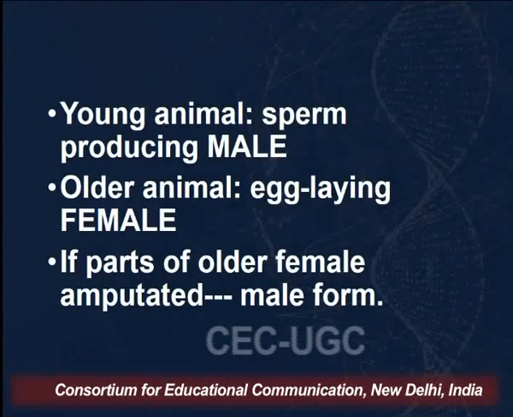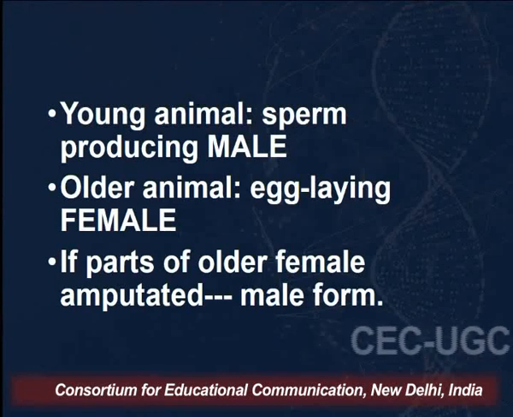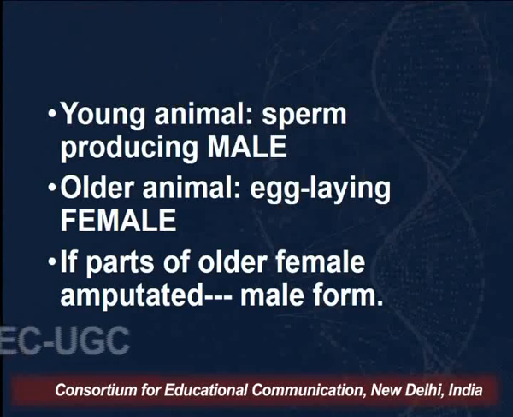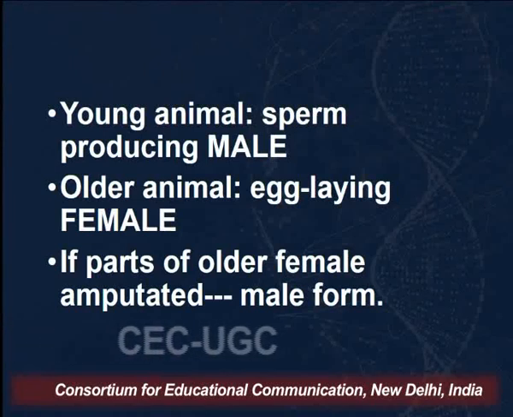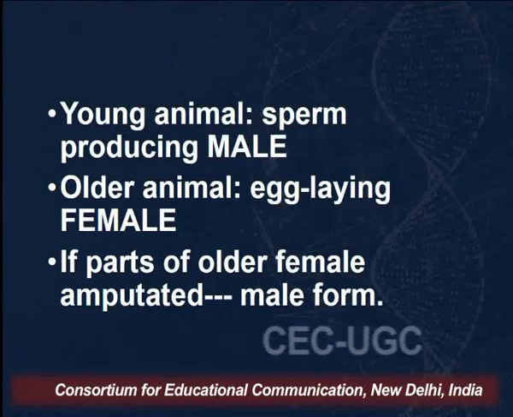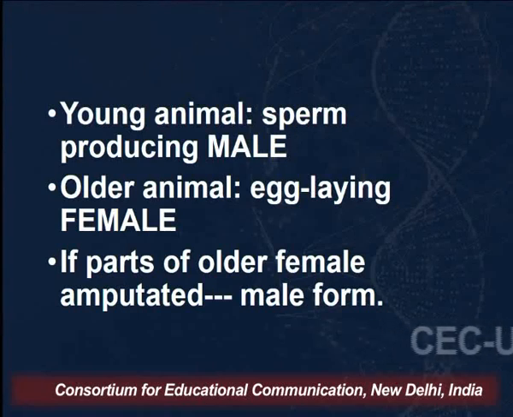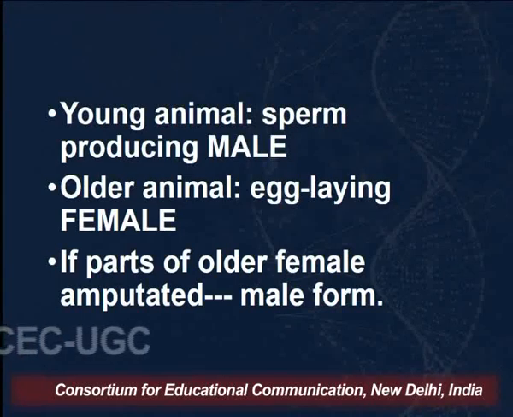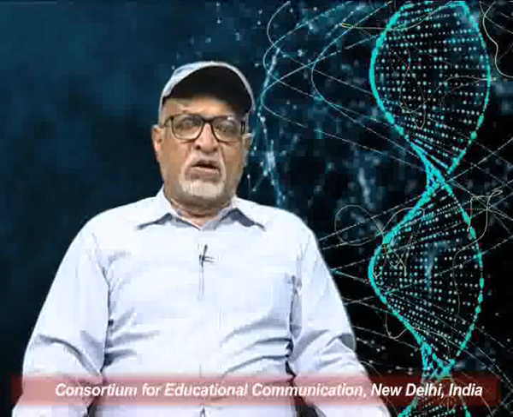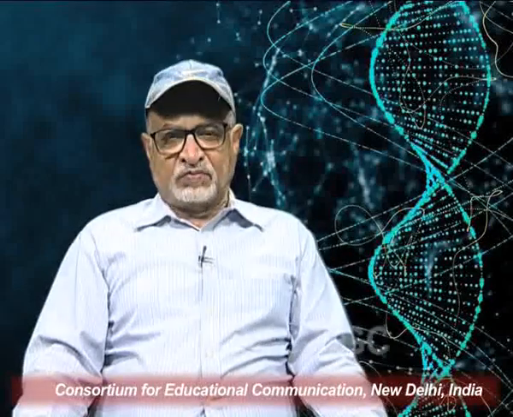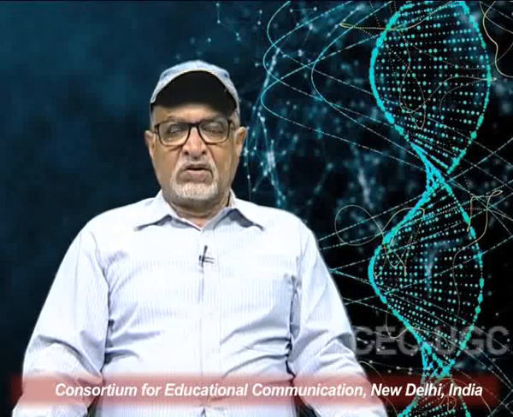While it is young, it is a perfect sperm producing male. As it becomes older, it transforms itself into an egg laying female. It is very interesting to know that if parts of the older female are amputated surgically, it again assumes a male form.